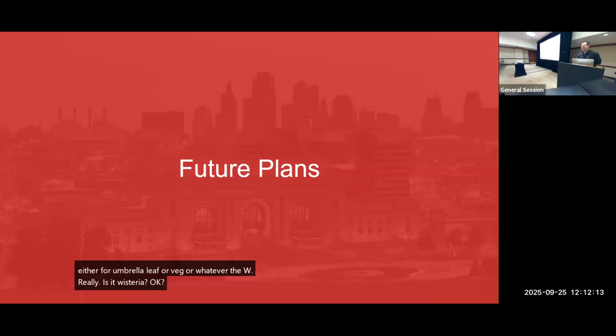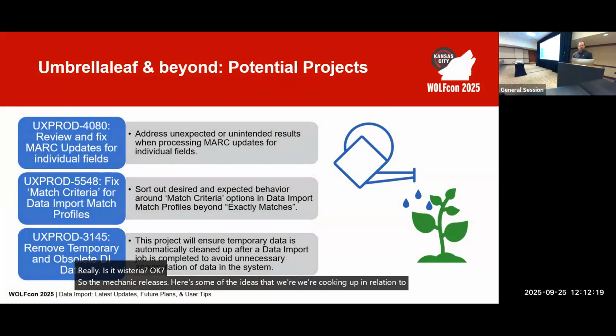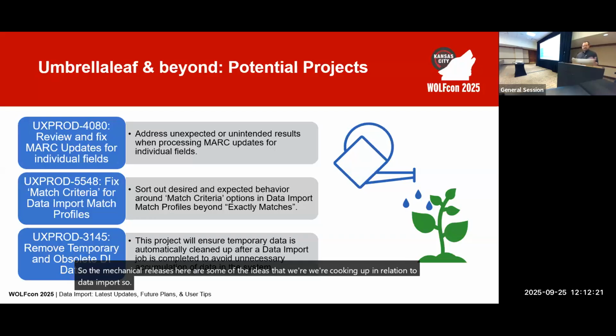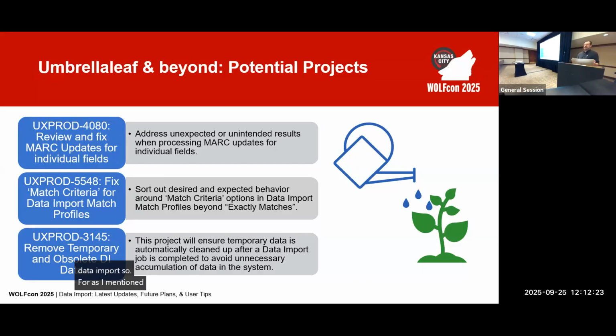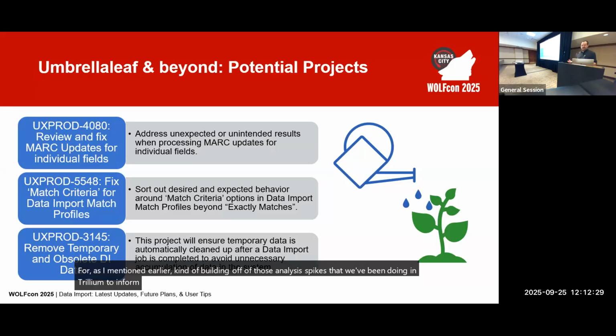So the next handful of releases, here are some of the ideas that we're cooking up in relation to data import. As I mentioned earlier, this builds off the analysis spikes that we've been doing in Trillium to inform some upcoming work. We have UXProd 4080 to address the unexpected or unintended results of processing MARC updates for individual fields.